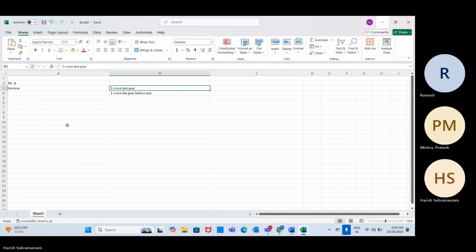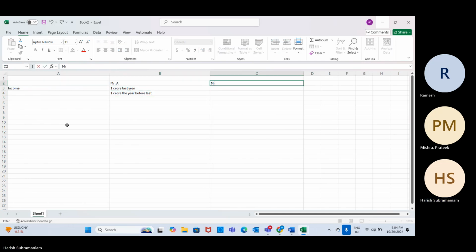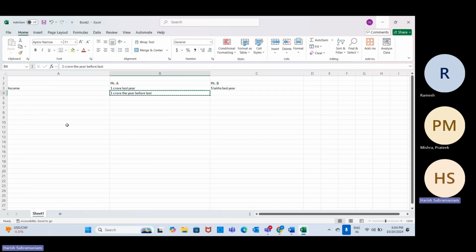Okay. Now let's say there is Mr. B. Mr. B had an income of, let's say, 5 lakhs last year and 5 lakhs the year before last.